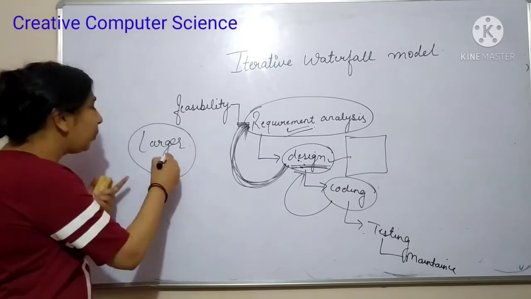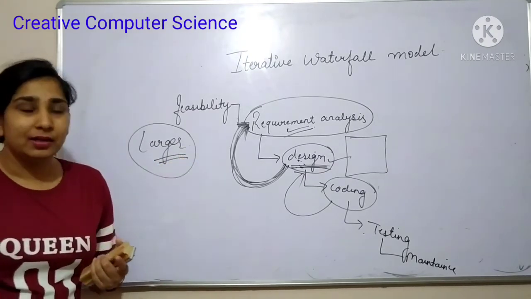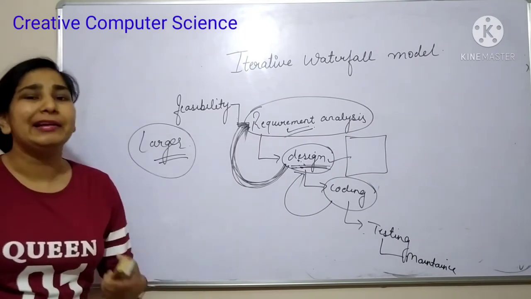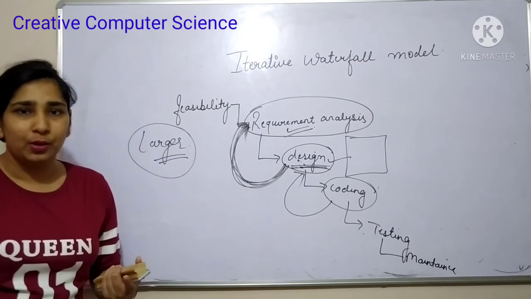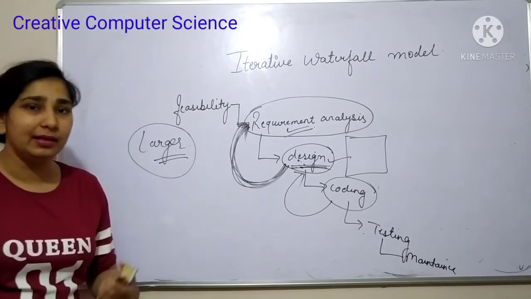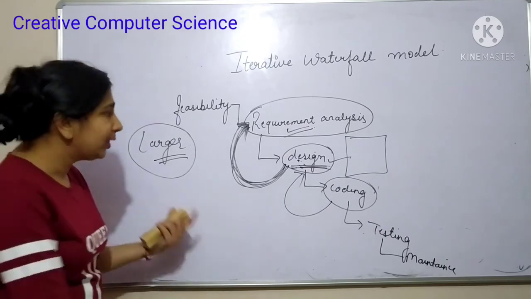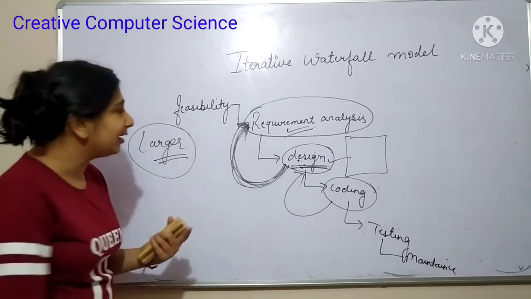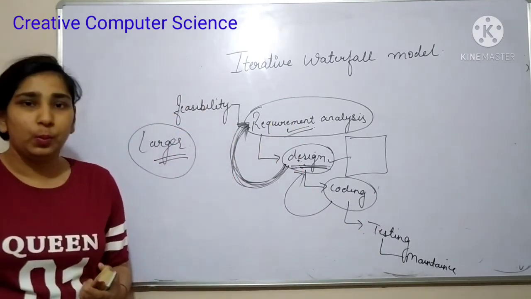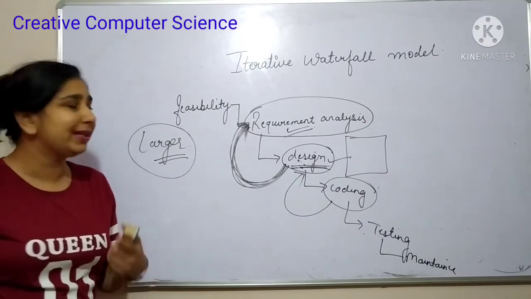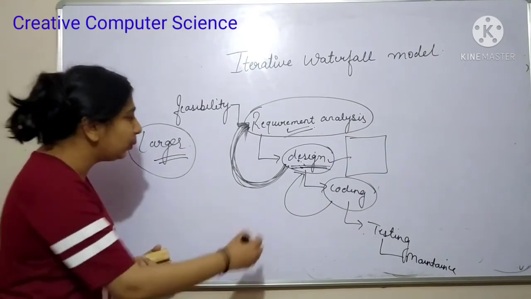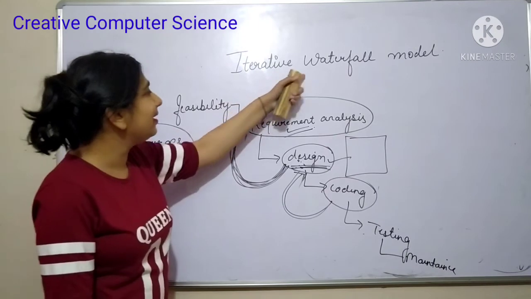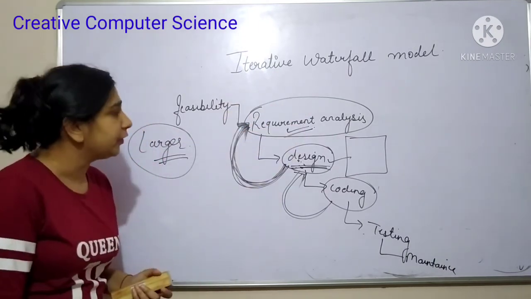Because we are working on a very large product, there is definitely a chance that you might leave out some requirements in your first go. So gradually, as we get more and more functionalities, we add them to the product. We are not making our product in the first go. If there is a requirement, we can change our functionalities and we can backtrack. This is the basic idea of the iterative waterfall model.